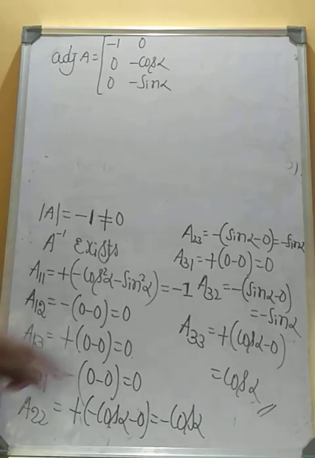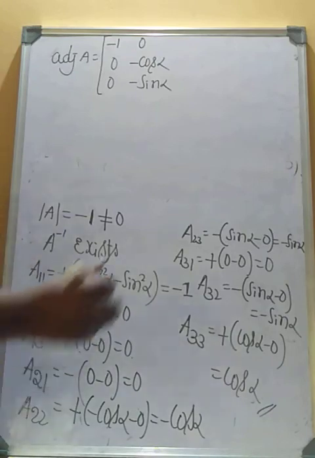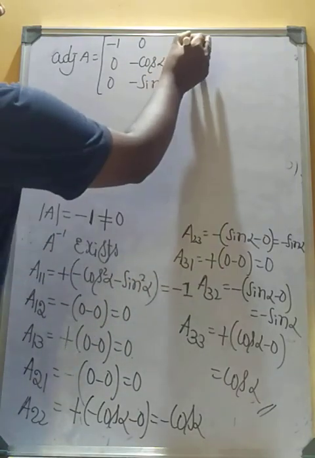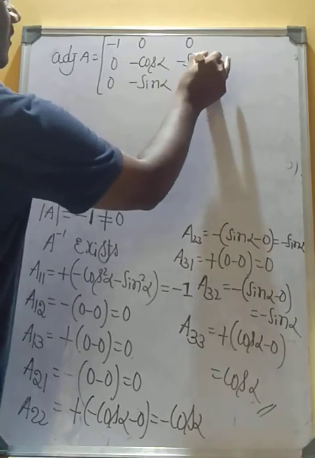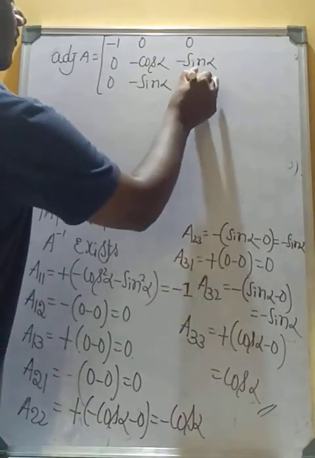The next, third row elements write in third column: 0 minus sin alpha cos alpha.